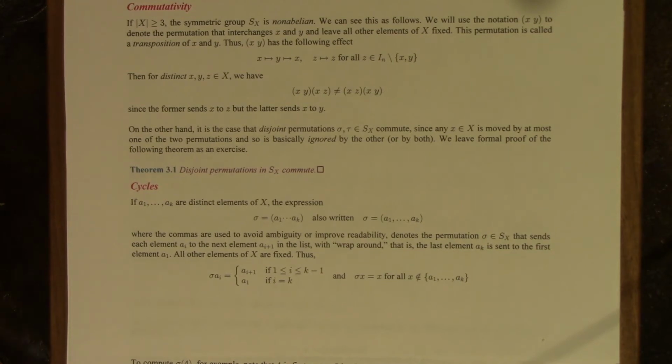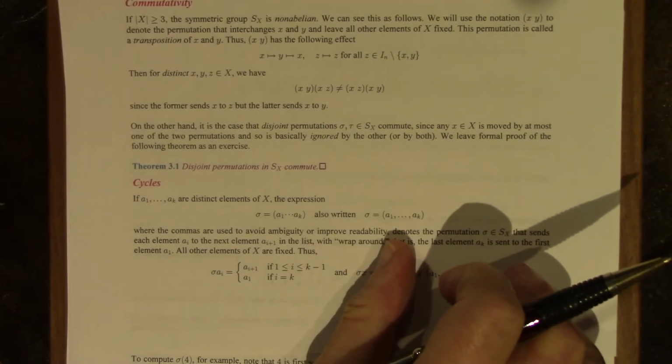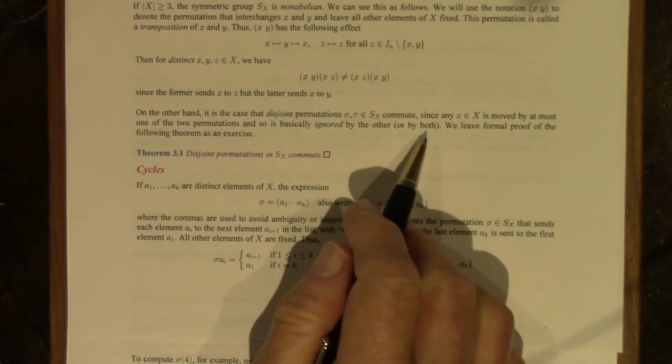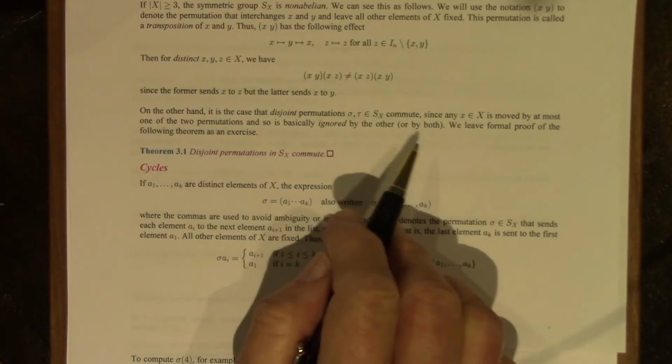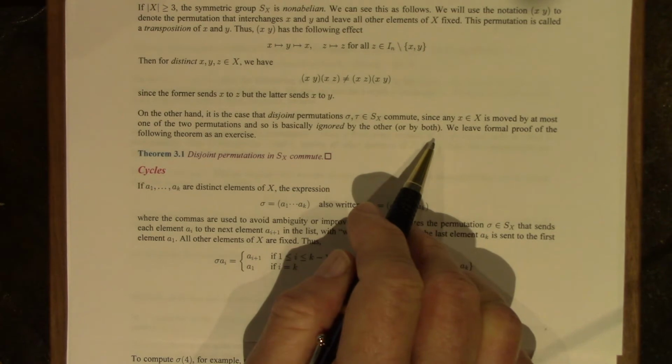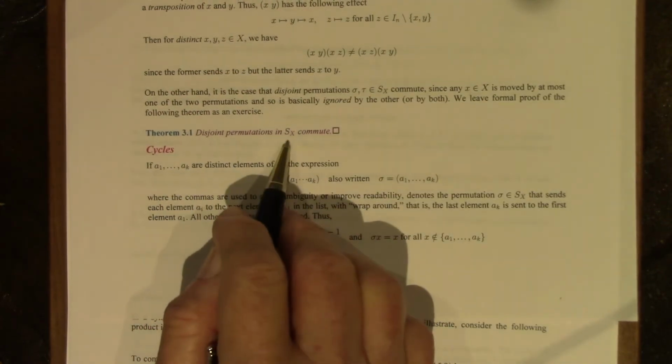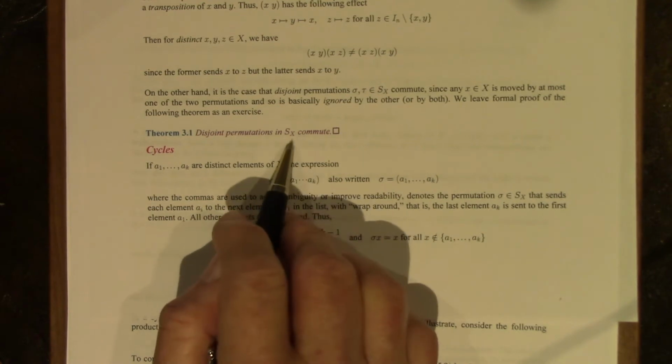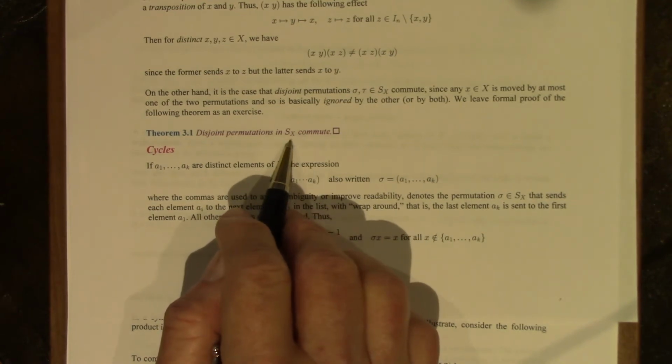So it's pretty clear that when you apply both permutations to x, it's the same as just applying the one that actually moves x. Anyway, I'm going to leave a formal proof of that to you. It's good practice. Disjoint permutations in S_X commute. X doesn't have to be finite here, it doesn't matter.